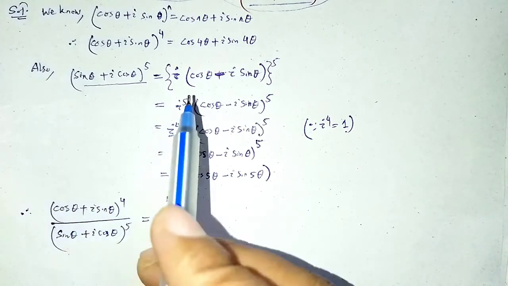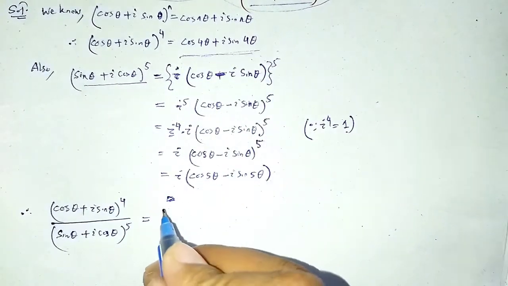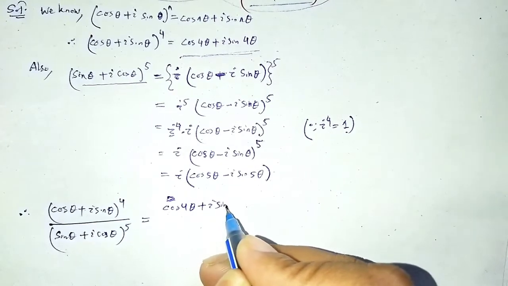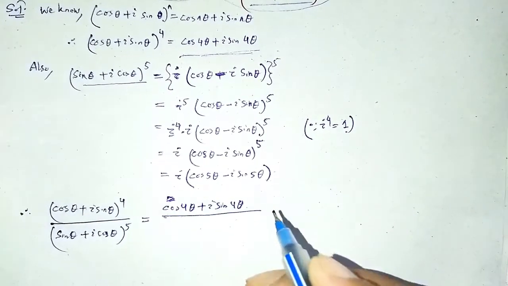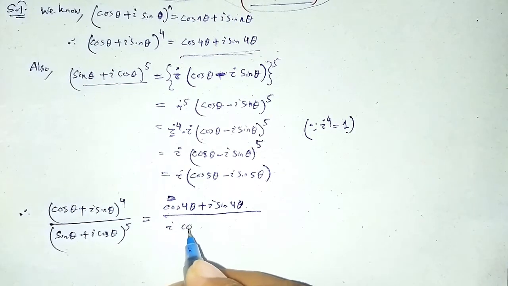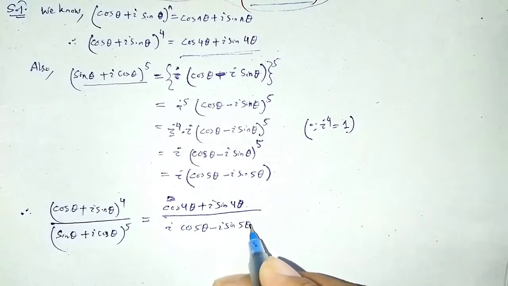In place of that, I write cos 4 theta plus i sin 4 theta divided by, for that one, I write i (cos 5 theta minus i sin 5 theta).